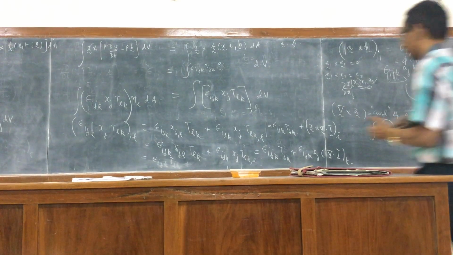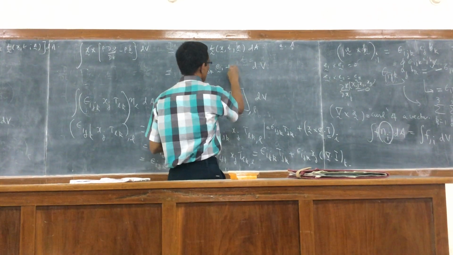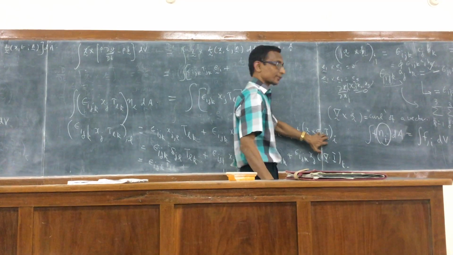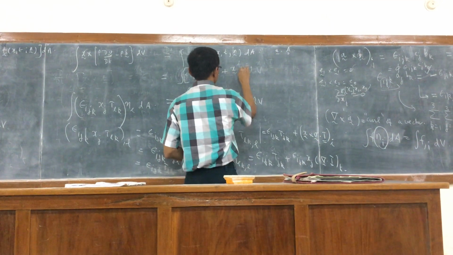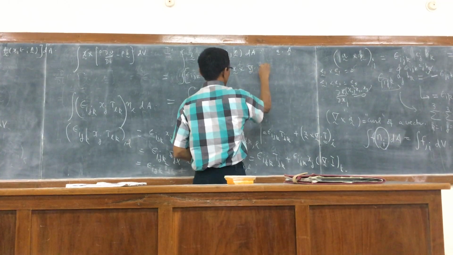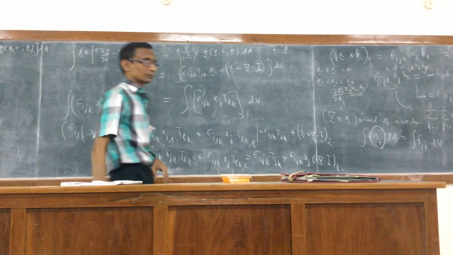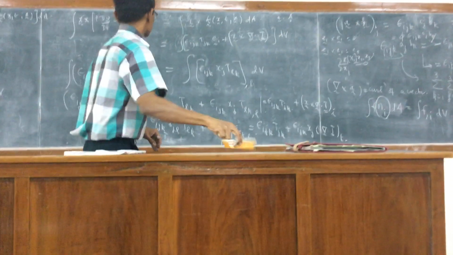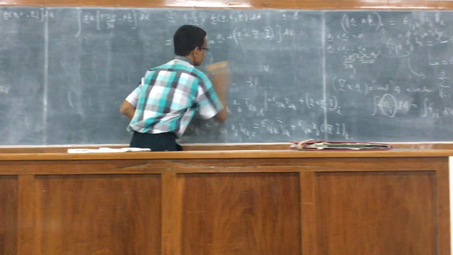So that's what I get. This, of course, would simply be the ith component of x cross divergence of stress tensor. So I'll simply write this as x cross the vector itself. Now we are close to proving the symmetry of the stress tensor.